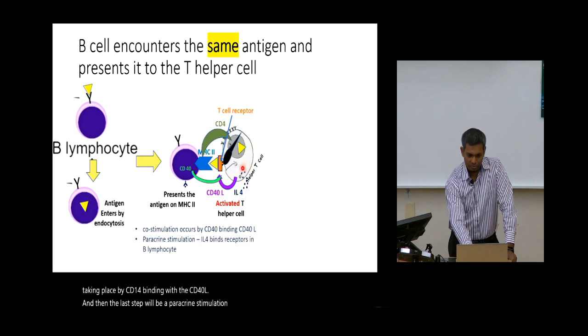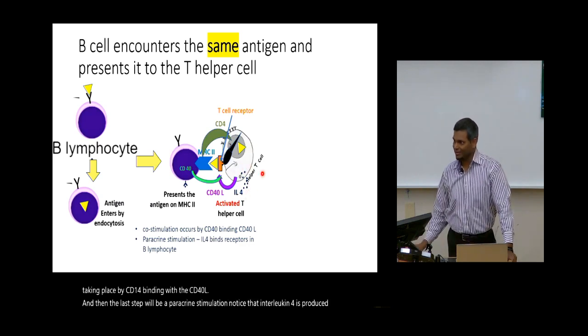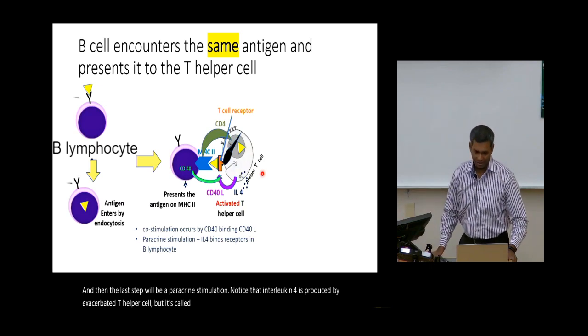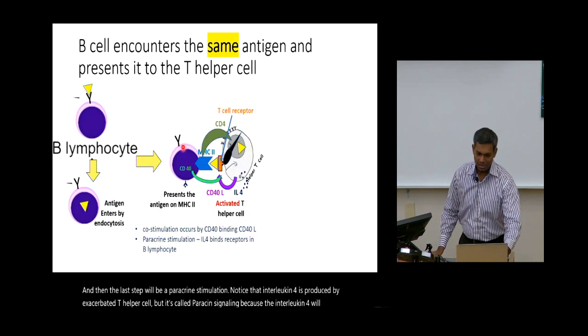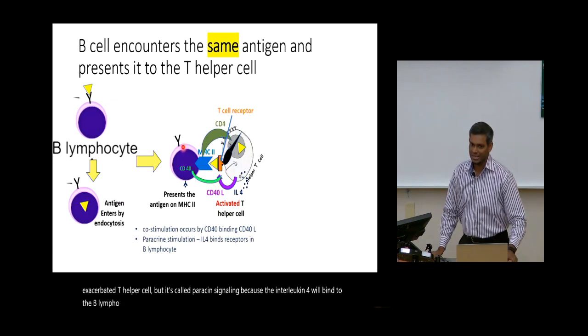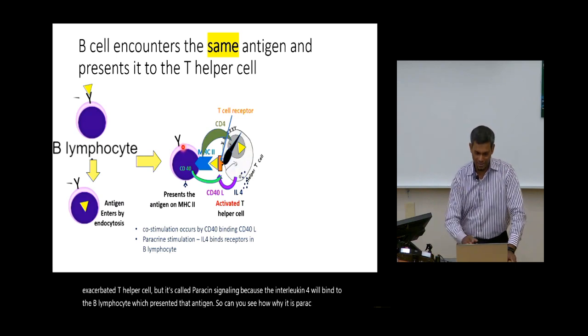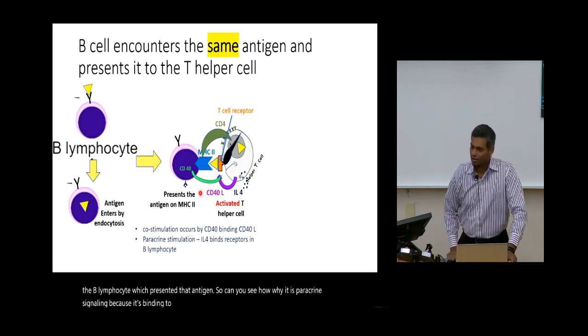Notice that interleukin 4 is produced by this activated T helper cell, but it's called paracrine signaling because the interleukin 4 will bind to the B lymphocyte which presented that antigen. So can you see how it is paracrine signaling? Because it's binding to a cell in its close proximity.